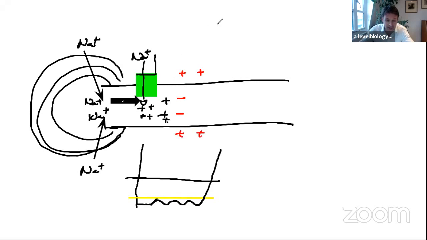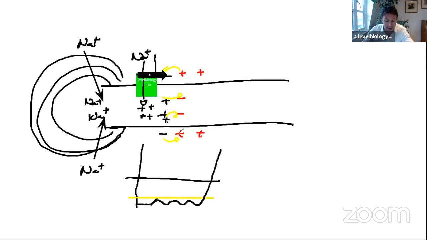So because the sodiums have come flooding in here, which has caused the action potential, these sodiums then move towards where there are fewer sodiums. And these sodiums here move this way because it's more negatively charged. So you've got the positive charges moving towards where there are slightly more negative charges and fewer sodiums, and these ones move this way. And this sets up what's called a local circuit.